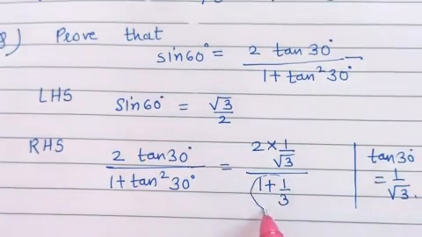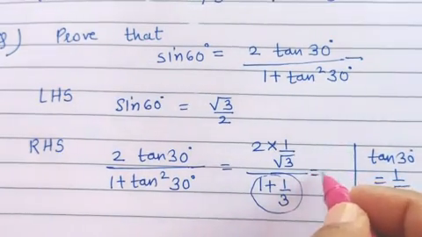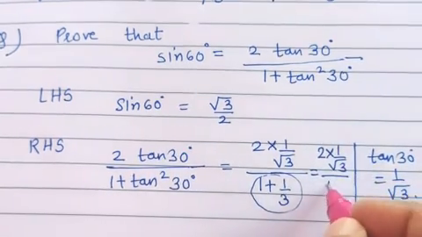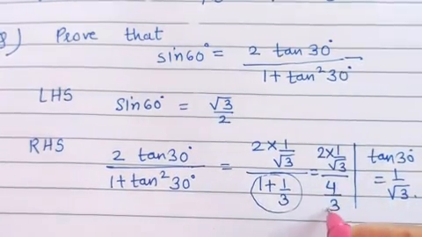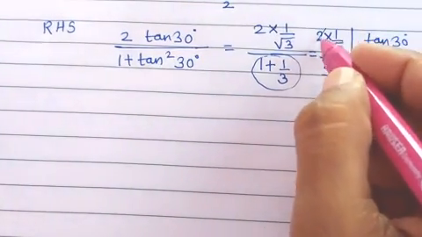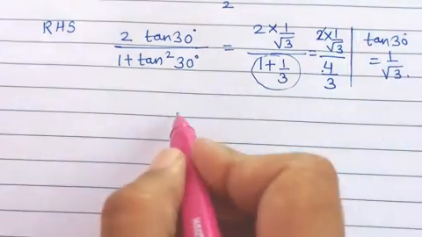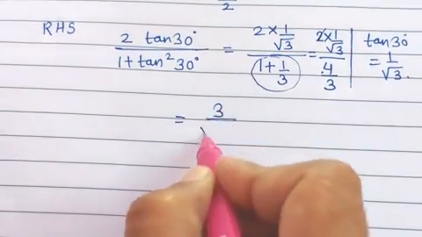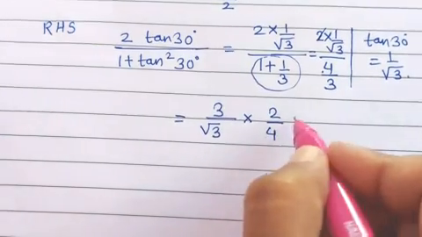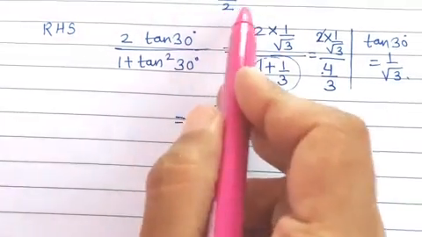So taking the LCM, the total will be 4 by 3. So this is equal to 2 into 1 by root 3 divided by 4 by 3. Now when we solve this, this is cancelled and this 3 goes to the numerator. So it is 3 by root 3 into 2 by 4, which is equal to root 3 by 2, and it is equal to LHS.